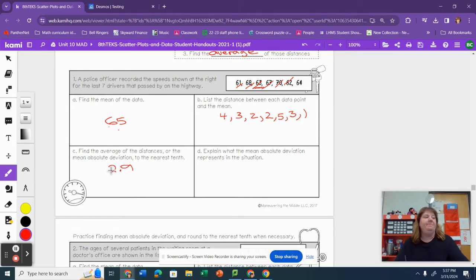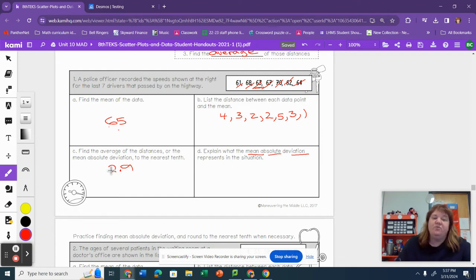So what the mean absolute deviation represents in this situation: a police officer recorded the speeds shown on the right for the last 7 drivers that passed by on the highway. This is the average of how fast they were going.